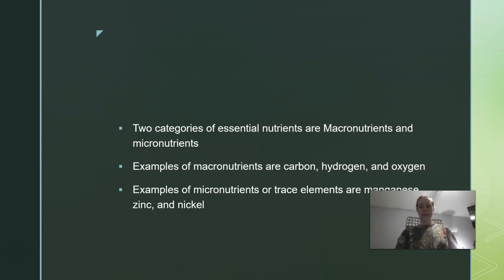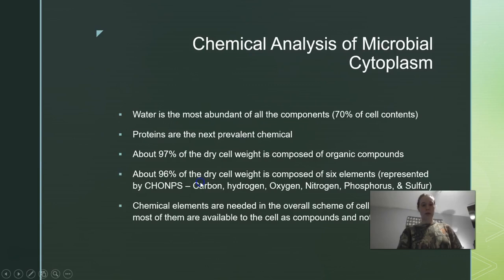Micronutrients, or trace elements, are needed in small amounts but are essential for enzyme function and maintaining cell stability. Examples include iron, zinc, manganese, nickel, things like that. All right. Microbes have different ways of obtaining these nutrients depending on their environment and their metabolic capabilities.